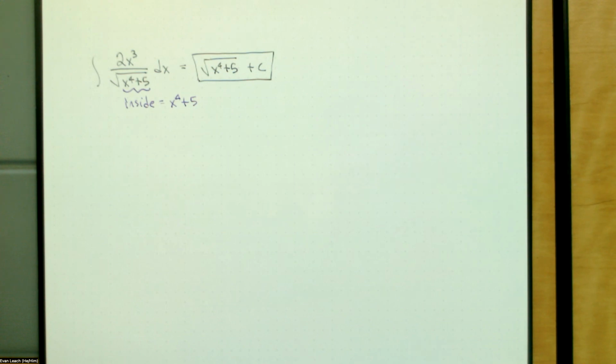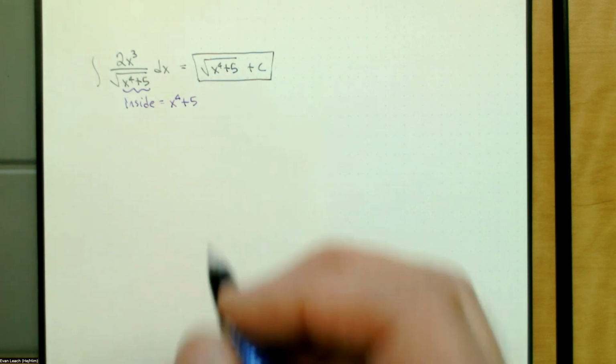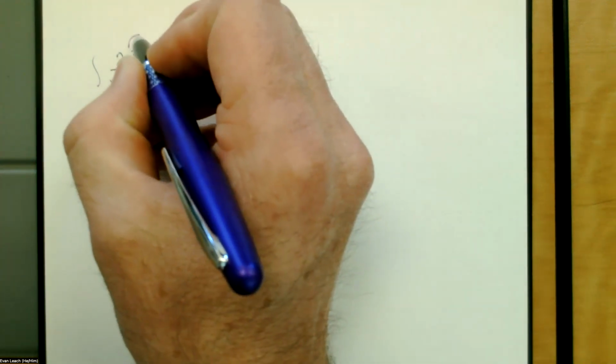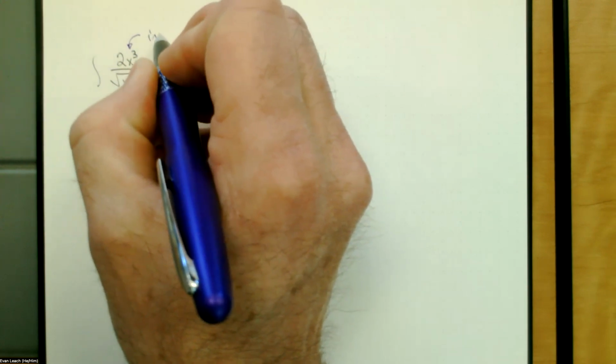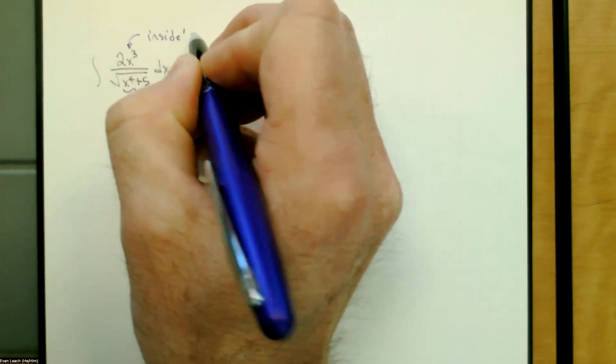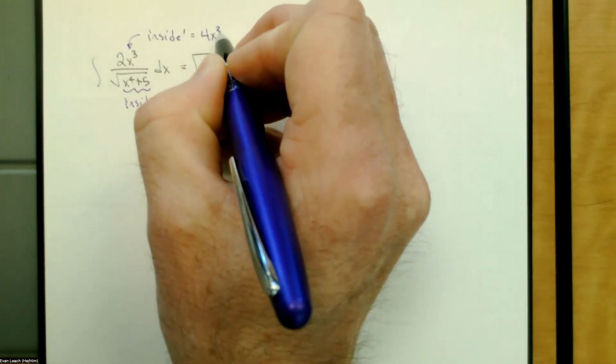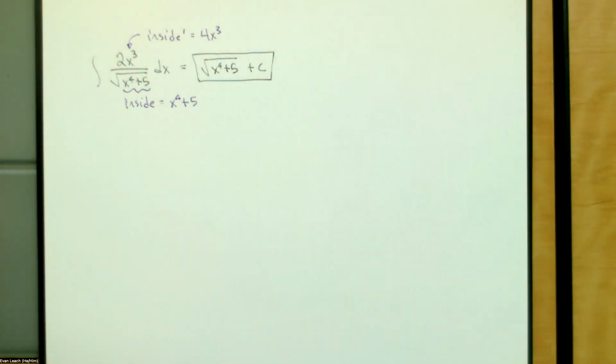If we want to do substitution, we have to have the derivative of the inside as a factor. We can be off by a constant factor. So the derivative of the inside is 4x to the third.